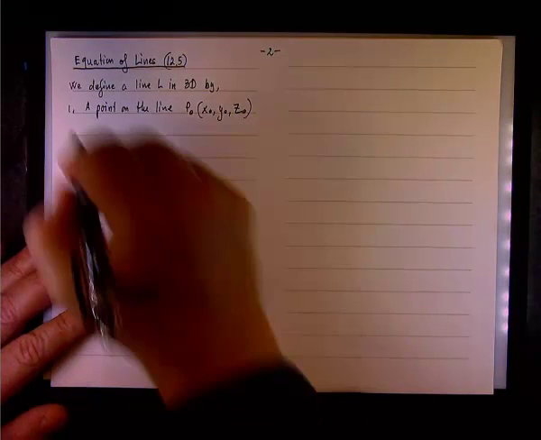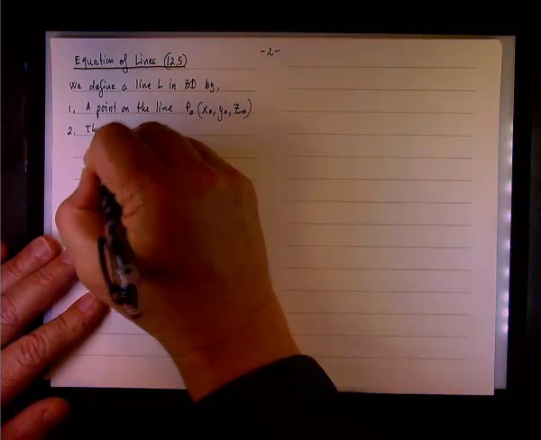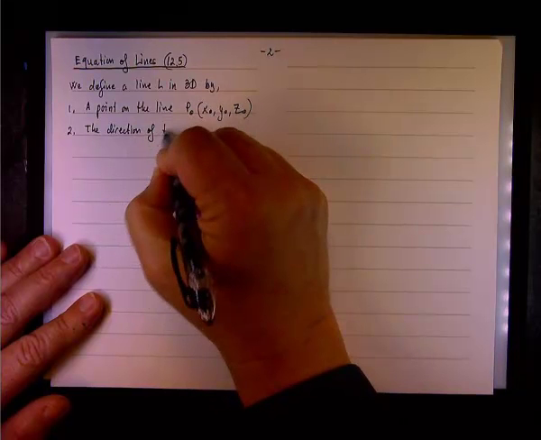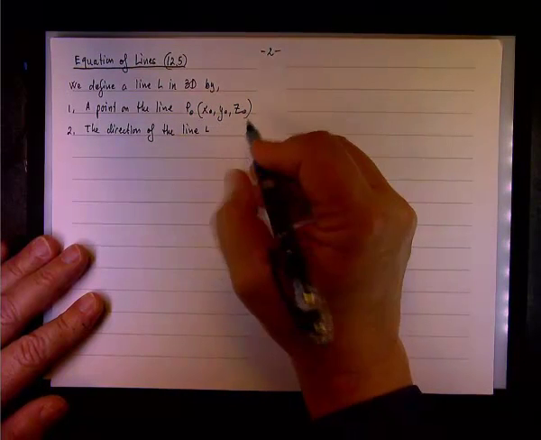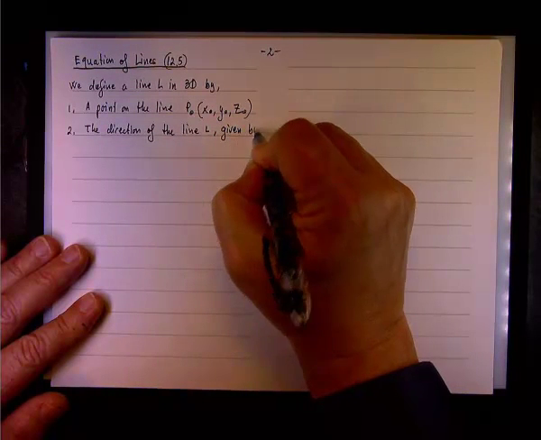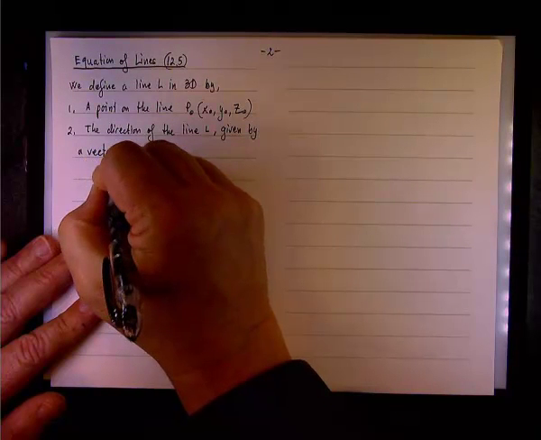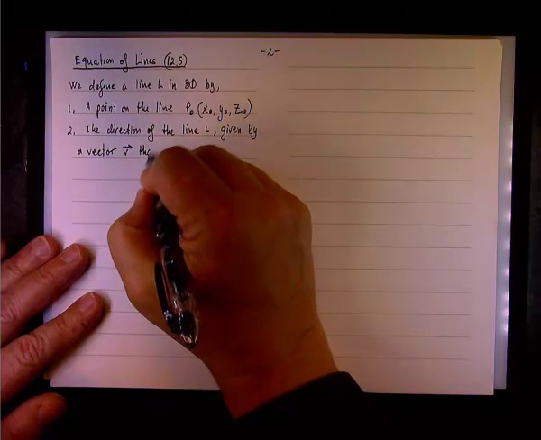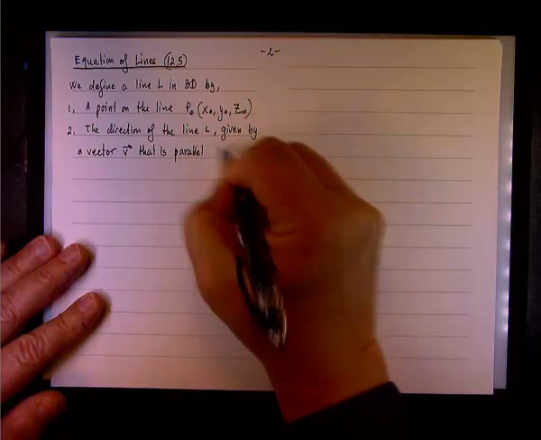Later on we're going to translate it into a position vector r sub 0. And then 2, the direction of the line L is given by a vector V that is parallel to the line L.